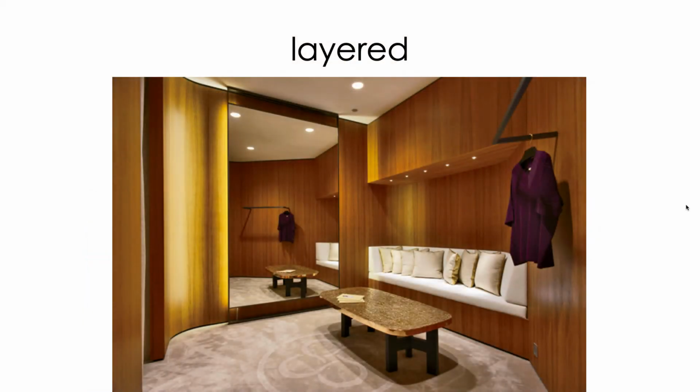Now, the reality is that most lighting design, most spaces, are going to have layers. They're going to have a little bit of downlighting with a wide angle. They're going to have some downlighting with a narrow angle. They're going to have some wall washing, and they're going to have some grazing lights. So every space that you look at, in all likelihood, is going to have some variety, and that's what lends richness to the space.